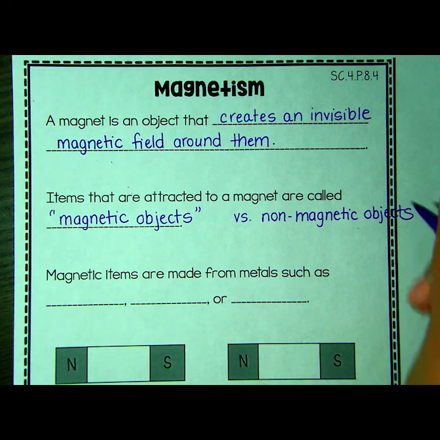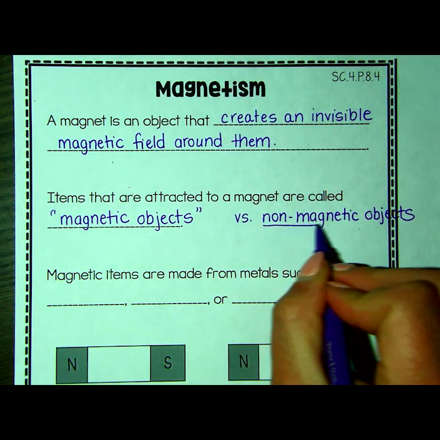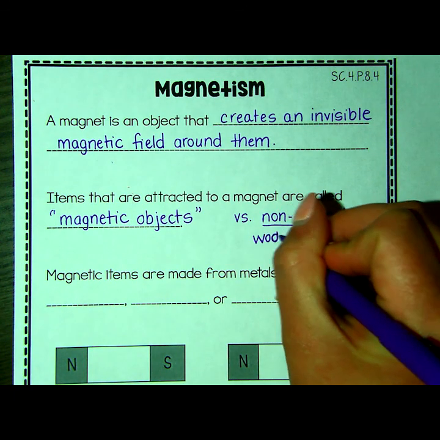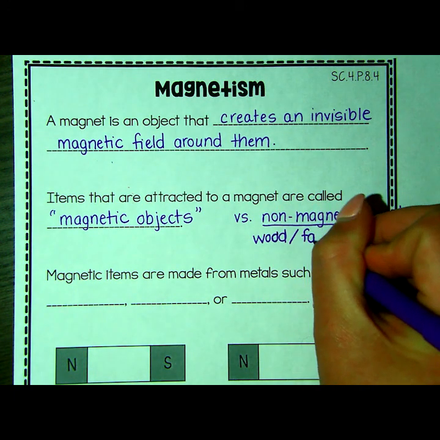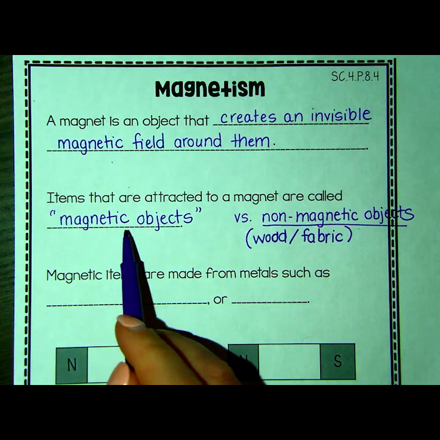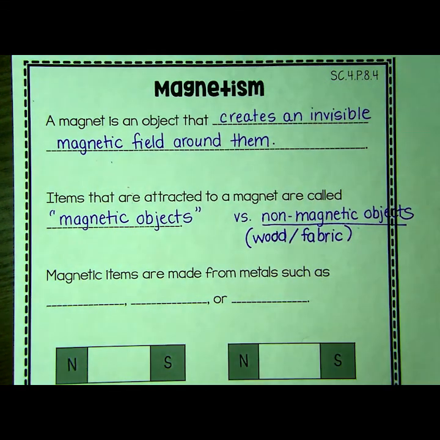And he said those objects that are non-magnetic are usually made of things like wood or fabric. So just understanding the name magnetic versus non-magnetic.